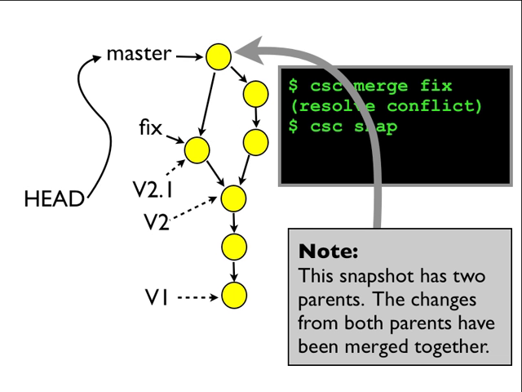So by looking at that particular commit, we can tell that it has all the changes from the original master branch and all the changes that were from the fix branch. And so now we have a merge of the fix branch and the master branch, exactly what we like.